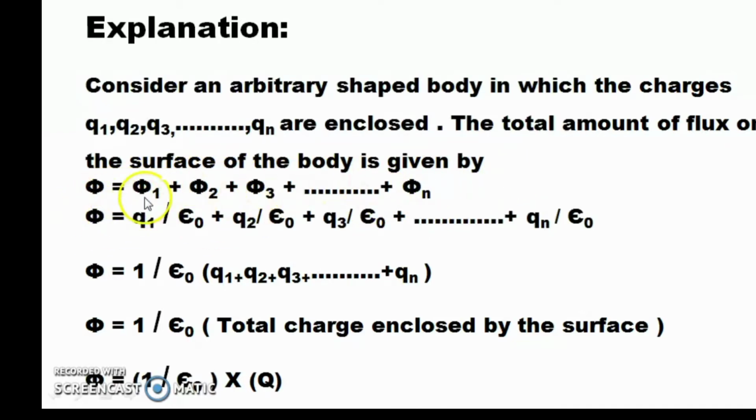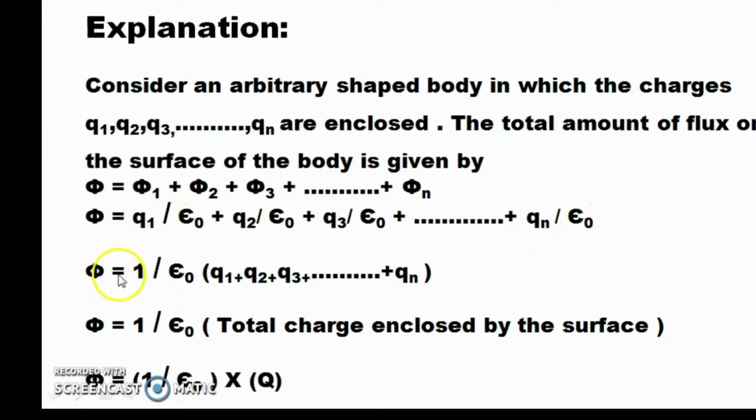Total flux is equal to, we know that flux 1, which is due to Q1, will become Q1 upon epsilon naught, plus flux 2, which is equal to Q2 upon epsilon naught, plus Q3 upon epsilon naught, plus Qn upon epsilon naught. Now as we know that epsilon naught is the same, we will take common 1 upon epsilon naught.